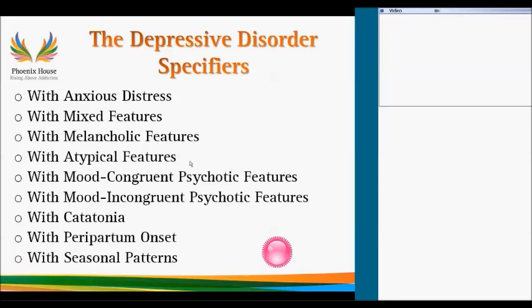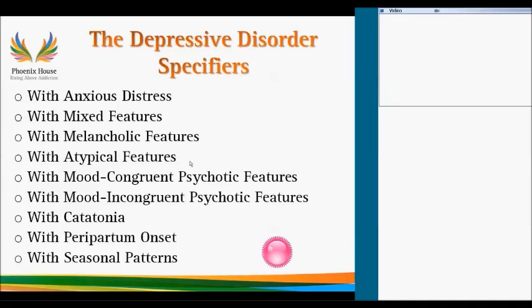And then if you look in this chapter, there's pages listed where depressive disorders, these are all the specifiers that can be applied to any of the depressive disorders. You can have a specifier of anxiety, mixed features, melancholic, atypical, mood congruent psychotic features, mood incongruent psychotic features.